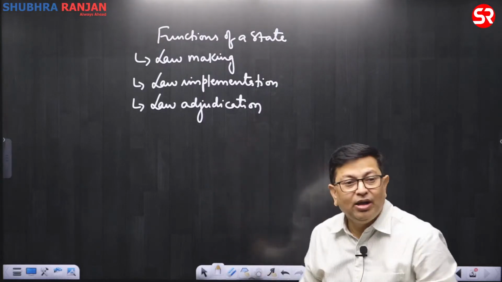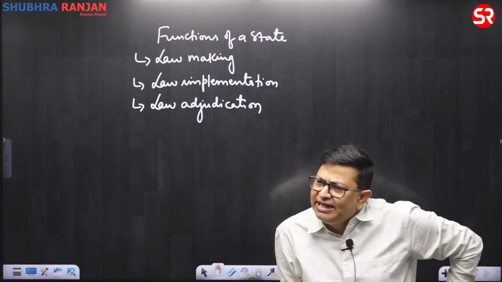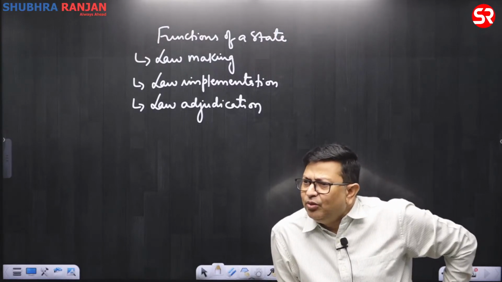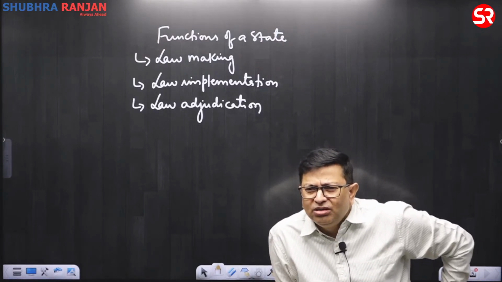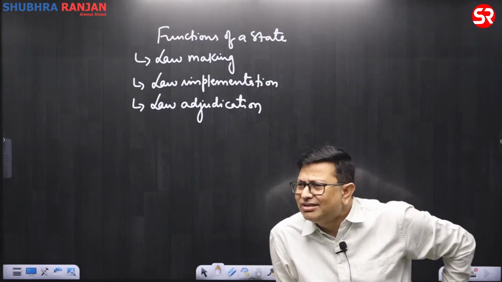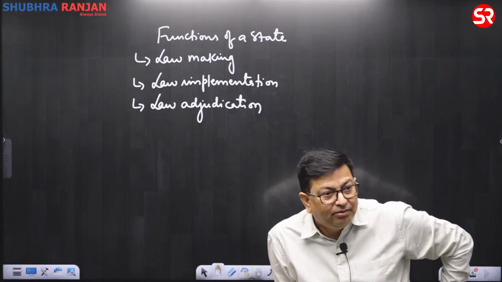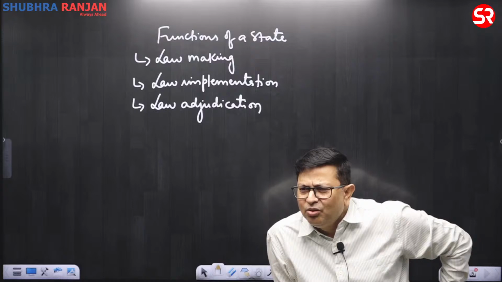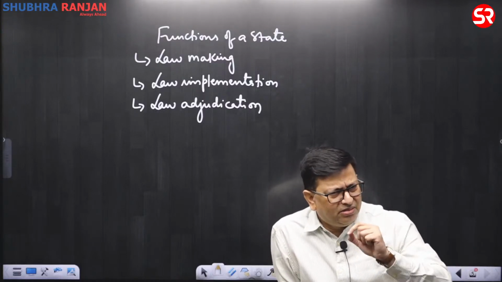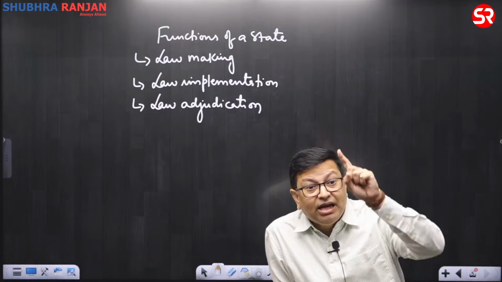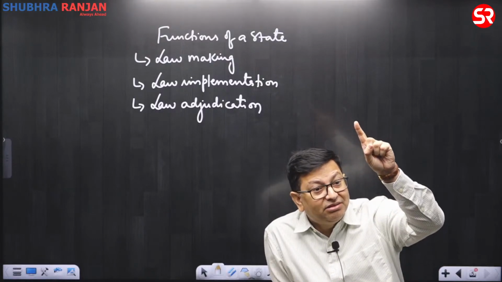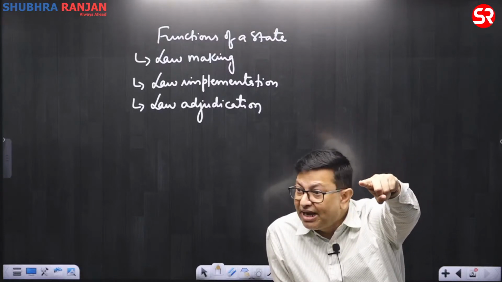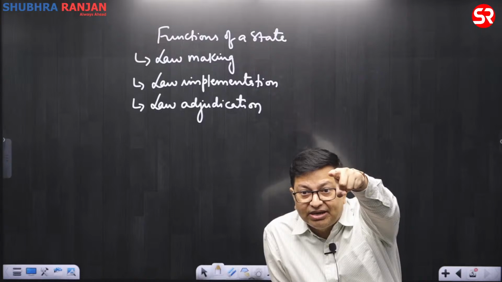Then law implementation. It is also the domain of the state. We know who implements the law: the bureaucracy, the police, the military. But outside the country, what are the foreign media's words? India violated human rights, Sudan violated human rights, America is violating human rights, Sri Lanka violated human rights.